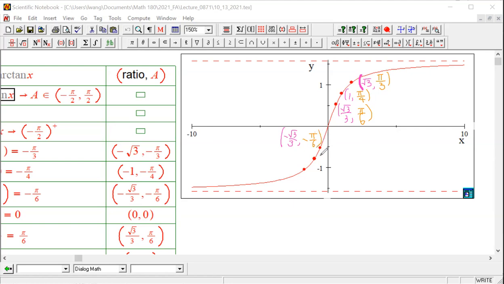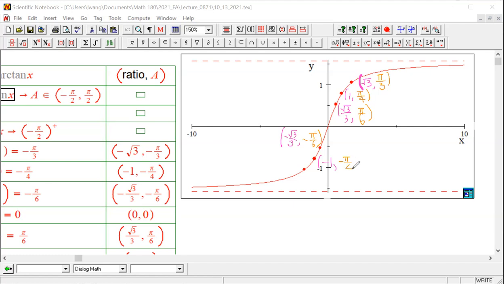That's this point. The next one is -1, comma, negative pi over 4.